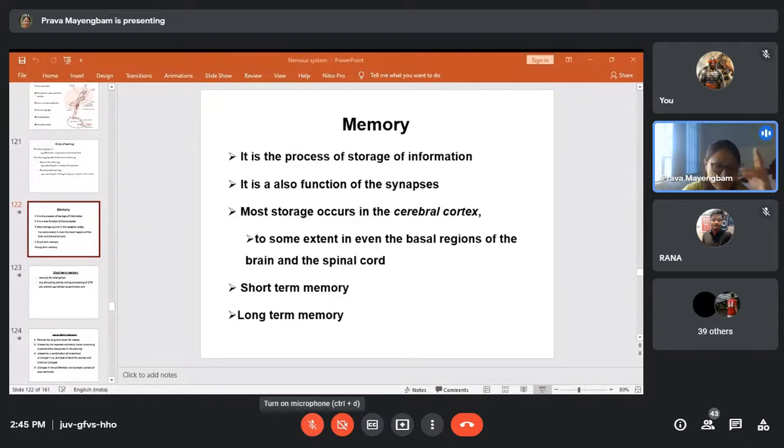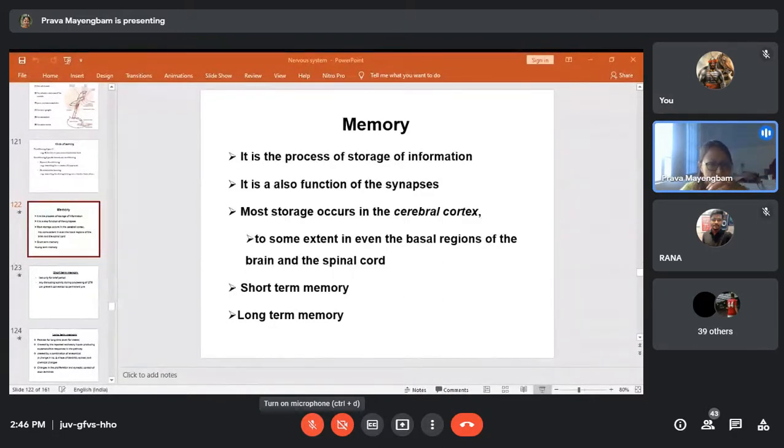So there are 2 types of memory: short-term memory and long-term memory. In the case of short-term memory, it lasts only for a very short period of time, and any disrupting activity during the processing of short-term memory can prevent conversion to a permanent one.